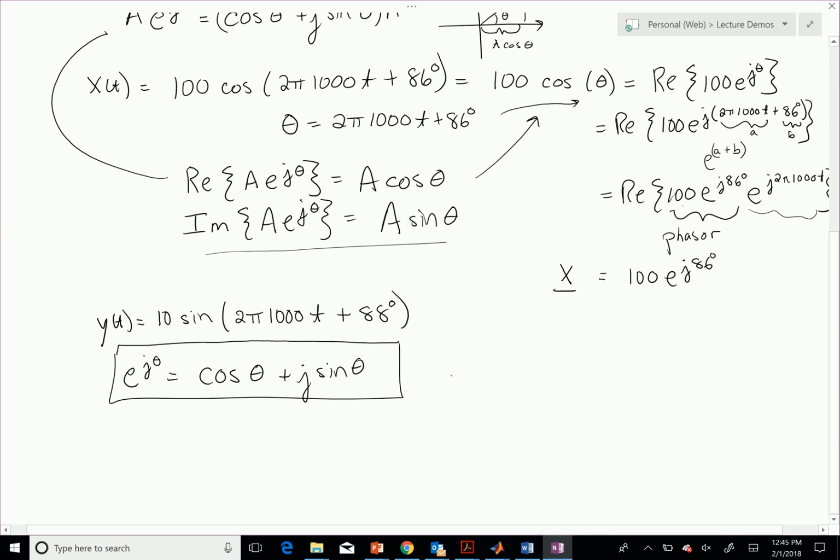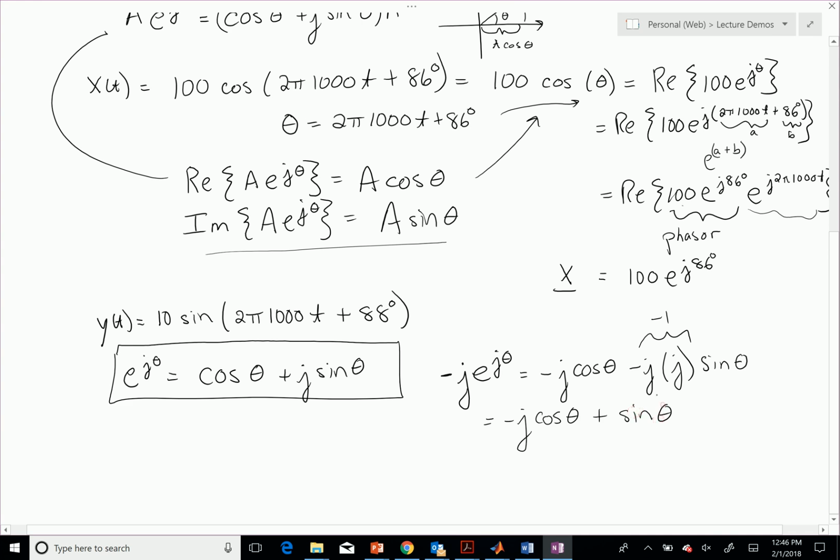If I were to multiply that by minus j, so minus j times e to the j theta, that becomes minus j cosine theta, and then I have a minus j times a plus j times the sine of theta. Now, j times j is minus 1, then I have another minus 1, so that makes it positive. So this becomes minus j cosine theta plus sine theta.